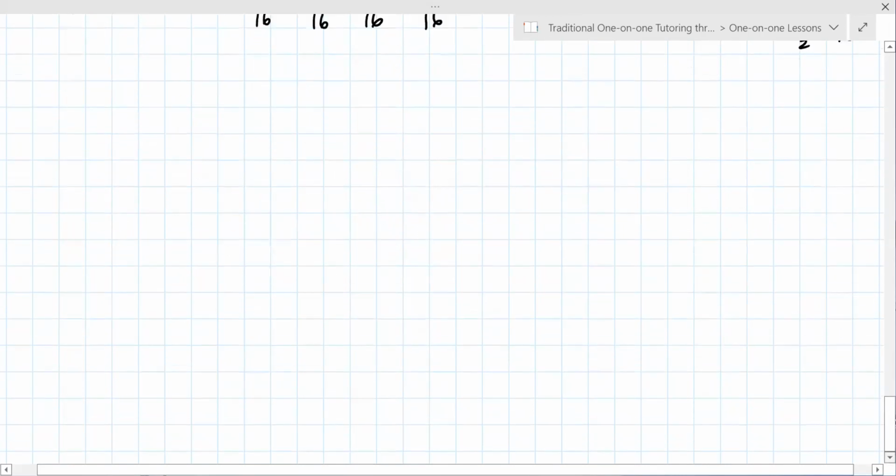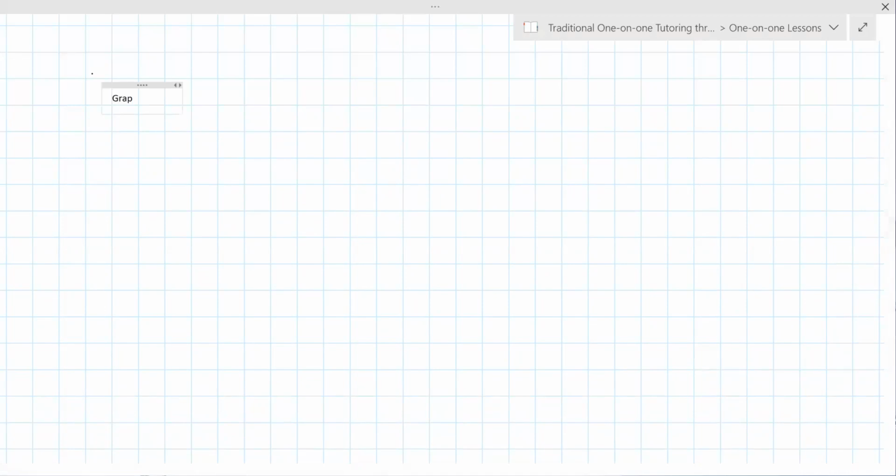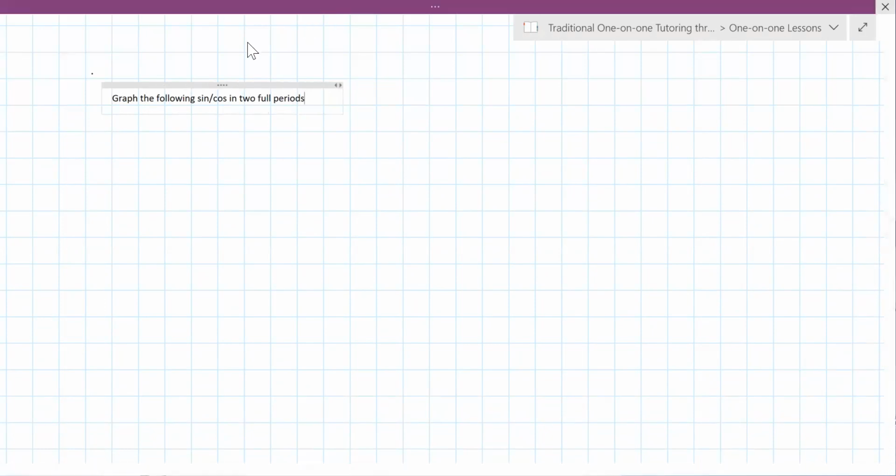All right. So here's what you might see on a test, and I'll ask you if you've seen this language. It'll say something like graph the following, sine, cosine, whatever it is, in 2 full periods. Have you seen that? No, I haven't. Okay.